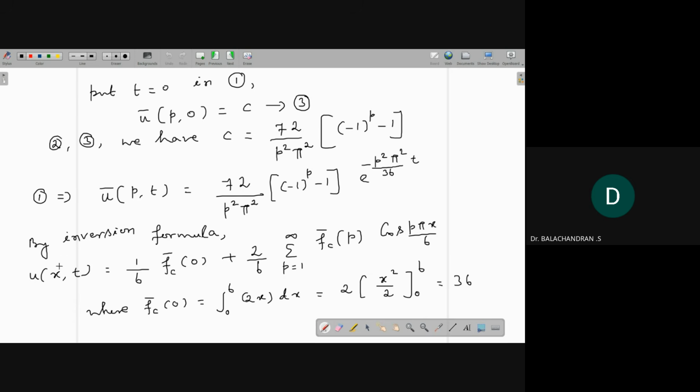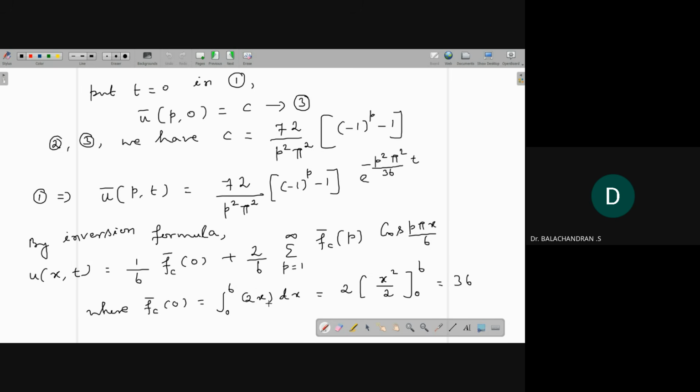So now I'm going to apply the inversion formula or inversion theorem. If I apply the inversion formula, U bar of p comma t changes into u of x comma t, which is equal to 1 by L, L is 6, fc bar of 0, plus 2 by L, L is 6, summation p equal to 1 to infinity fc bar of p into cos p pi x by L, where fc bar of 0 you already know is integral 0 to L, L is 6, of f of x.